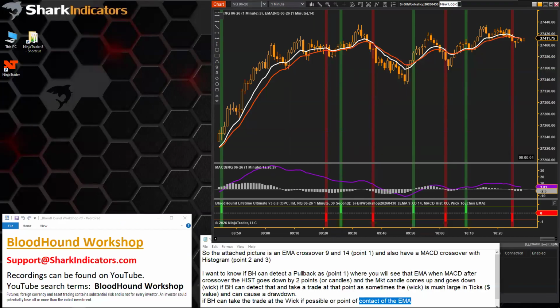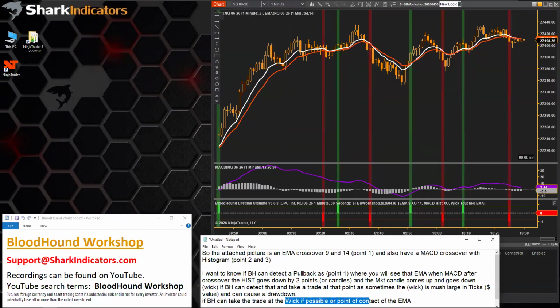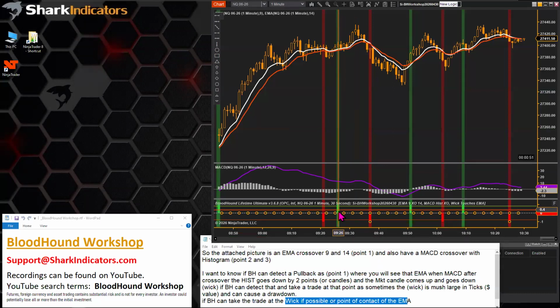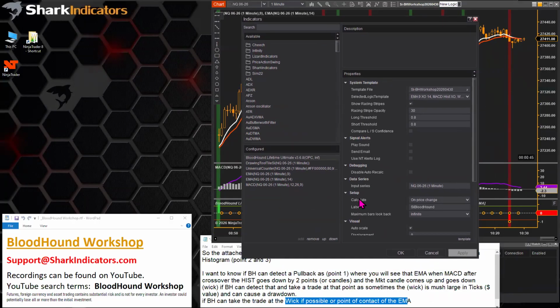Obviously, if you wait for the bar to close, you're going to get in much later, possibly. So this requires changing the Calculate setting in NinjaTrader. Bloodhound has to run with Calculate set to On price change, or possibly on each tick, but we're not dealing with tick-based indicators, so we can run it using On price change.